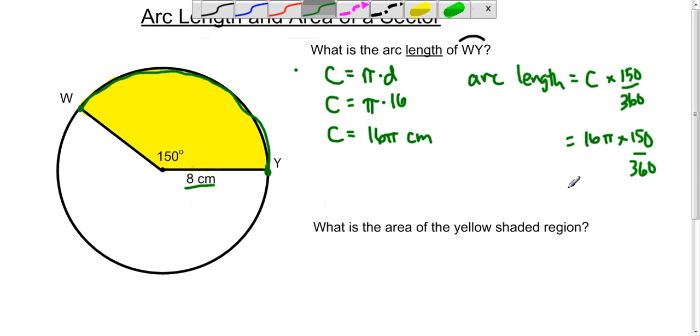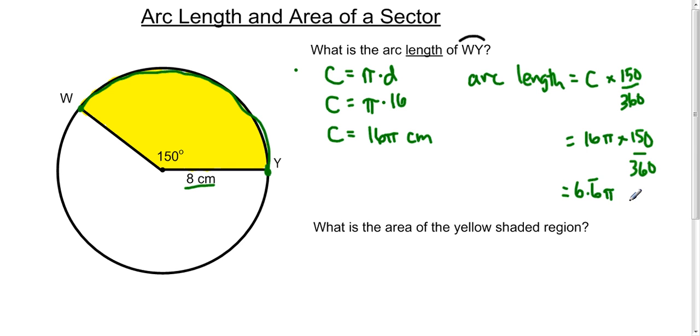So hopefully you understand that if we have 6.6 repeating pi, it's the same exact thing, but we typically write it as a fraction, 6 2/3 pi centimeters. So this is the distance. If you started traveling at W and walked to Y, that is the length of that arc.